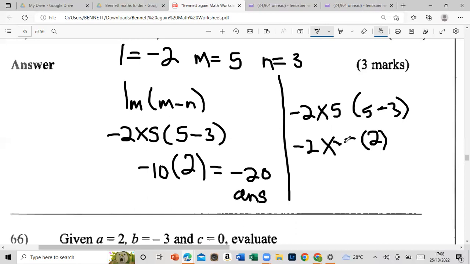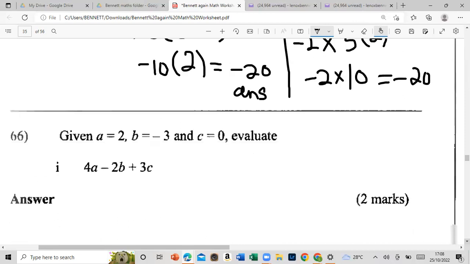So 5 times 2, that is 10, and then we have negative 2 multiplied by 10, which is also equal to negative 20. Just for the person who might say, it's not the way I would look at it.